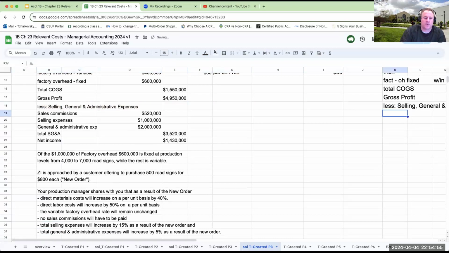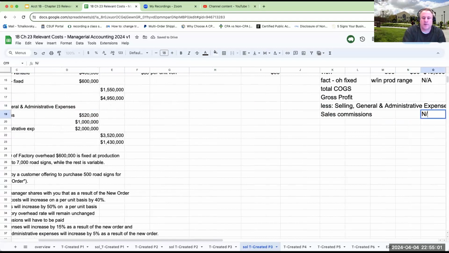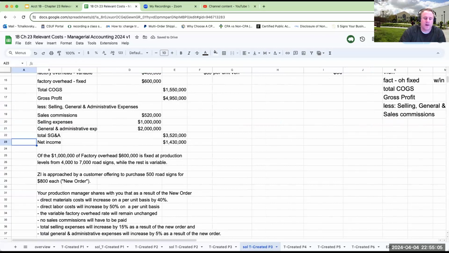So as I come over here, less selling, general, administrative, the sales commissions, this is going to be not applicable. It doesn't have to be paid. Now, when I look over here, I have to be really careful when I'm looking at these numbers. If I take the new business, my total selling expenses will increase by 15% as a result of the new order.